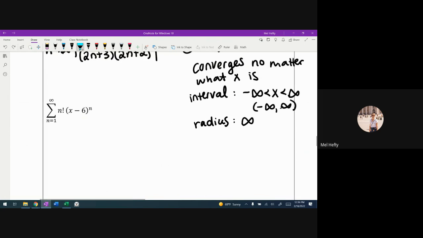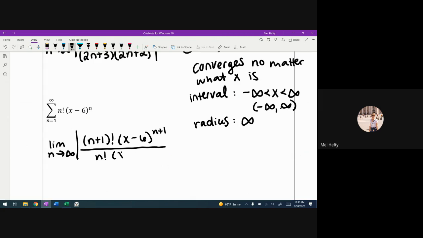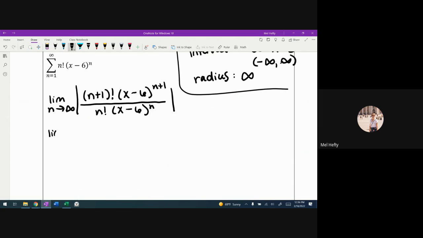All right, last one. Now, some people were asking before we went to break, how do I do the ratio test when it's not a fraction? Don't multiply by a reciprocal, just divide. So we're going to do the n plus 1th term on the top. What's the n plus 1th term going to look like? All right, and then I'm going to divide by the nth term, which is n factorial over x minus 6 to the n. All right, let's break up that numerator.